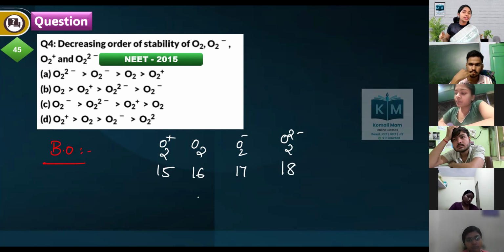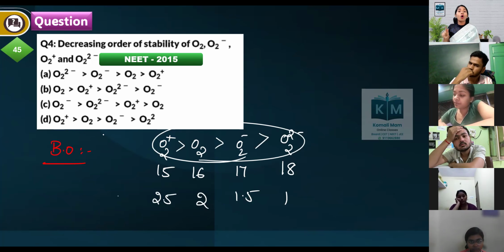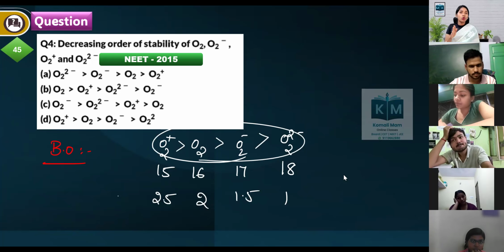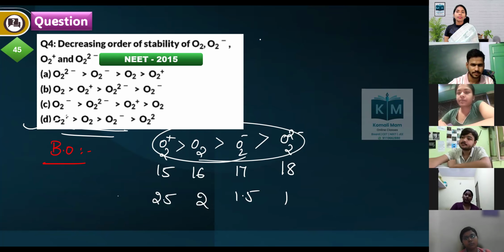So 16 bond order is 3. This is 2.5, this is 2, 1.5, this is 1. So this is a bond strength order. Then the decreasing order of stability, which is more stable: O2 plus, O2, O2 minus, O2 2 minus. Which option is the correct answer? Option 4 is the correct answer. Everybody clear?